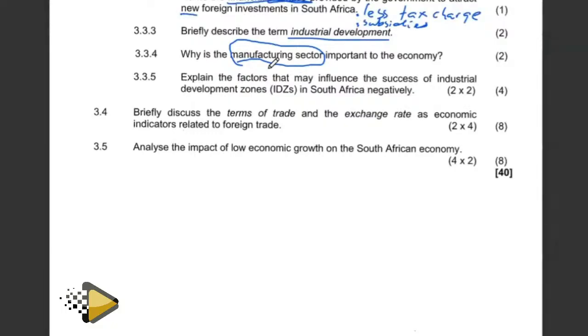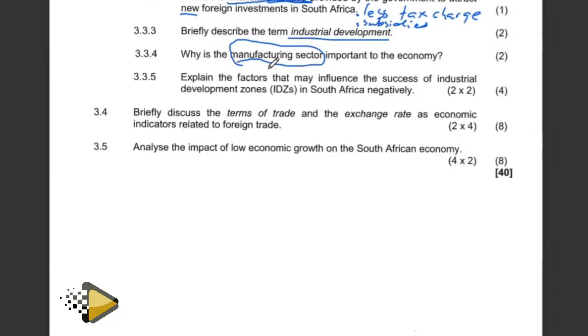Remember, learners, I did say earlier that whenever we talk of an economy and economics, we refer to the household, firms, government as well as the foreign sector. So the moment the manufacturing sector is powerful in that economy, there is going to be the creation of job opportunities for households. Also, there is going to be a supply of finished goods or semi-finished goods to the service sector or other sectors.